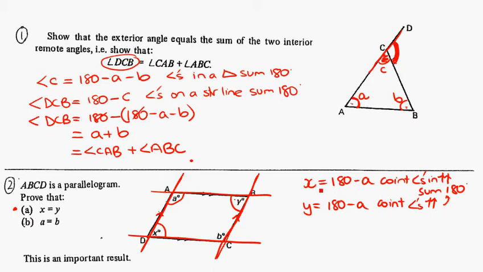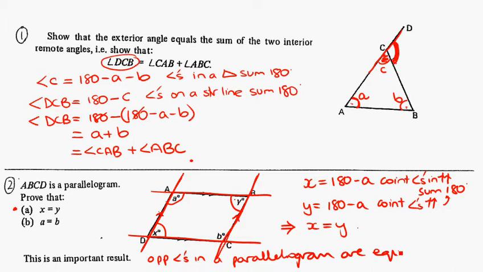And therefore you can see that if x is 180 minus A and y is 180 minus A, we can just write a therefore arrow x equals y, as we're asked to do. And a similar proof will show that A equals B. It says this is an important result. It shows us that opposite angles in a parallelogram are equal. So we could use that result now we've just proved it.